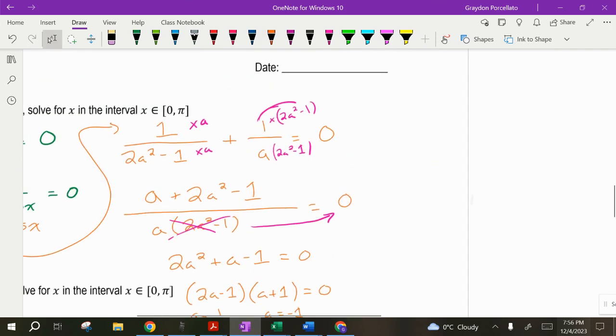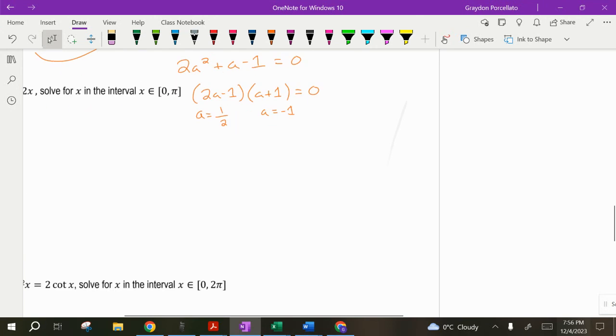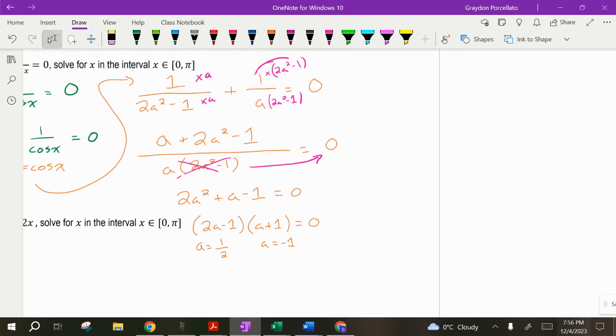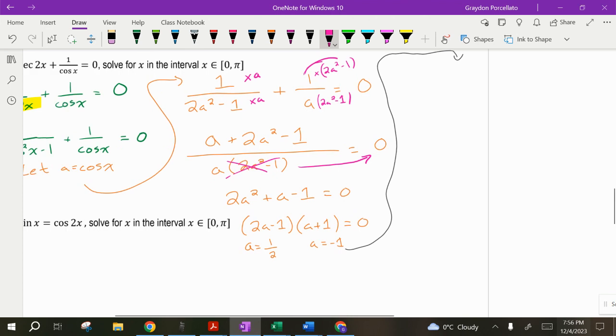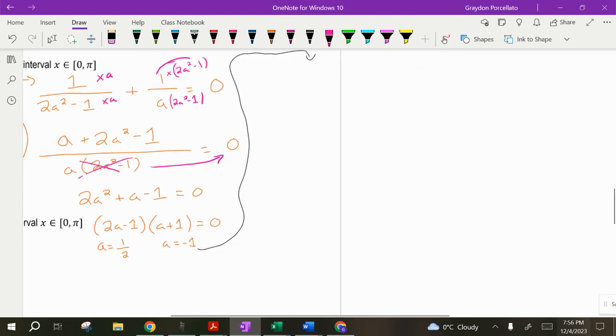Now, what is a? Well, I'm going to work back up here. So unfortunately, I've got to do another one. So the first option here: what is a? a is cos x. So I'm going to say cos x is either 1 over 2 or, let's go back to my green, cos x is negative 1.